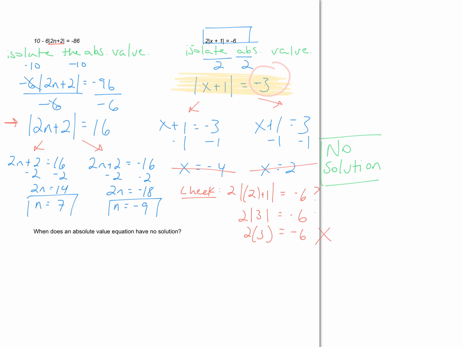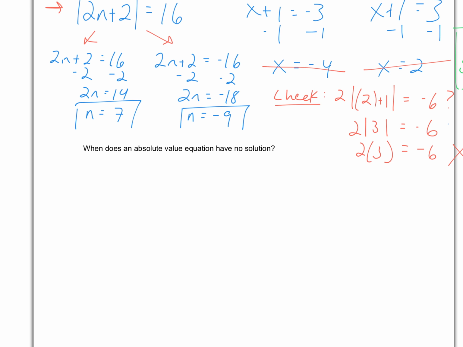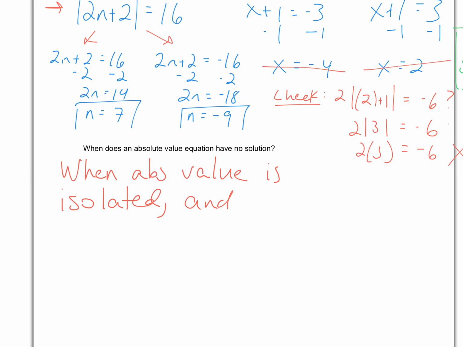So what we can say is, without even having to solve these types of equations, when the absolute value, and I'm going to abbreviate that, is isolated and equals a negative.